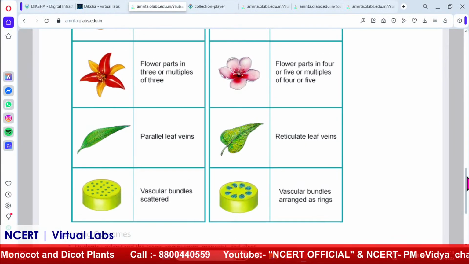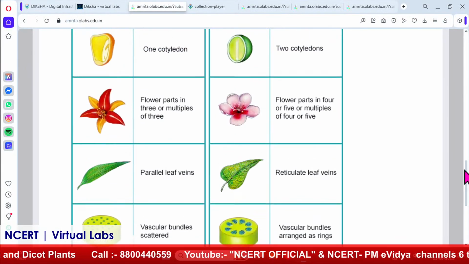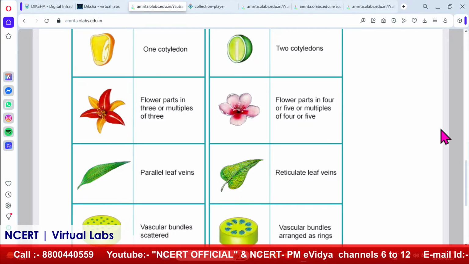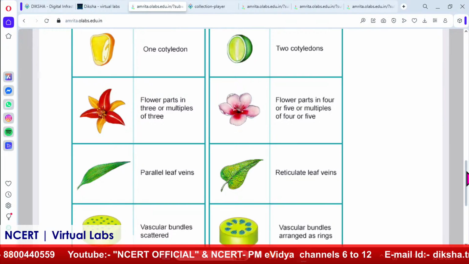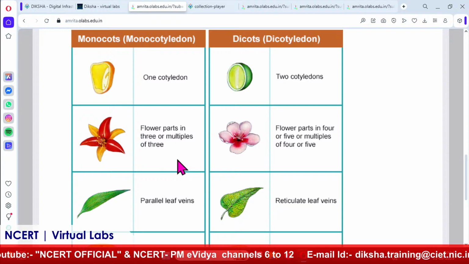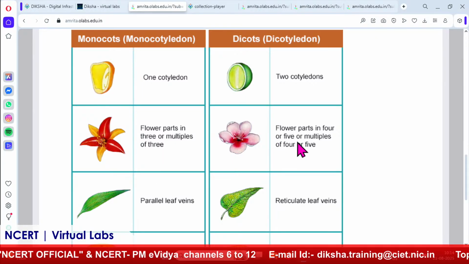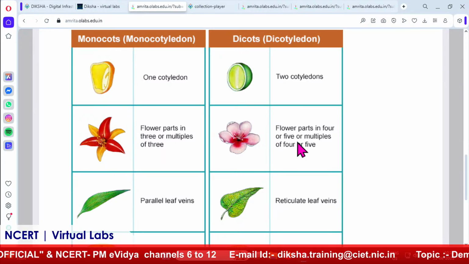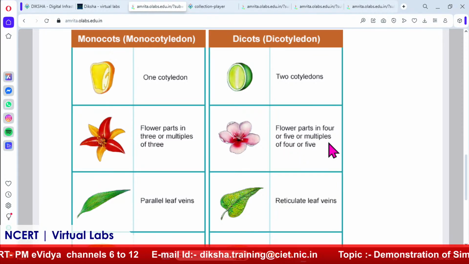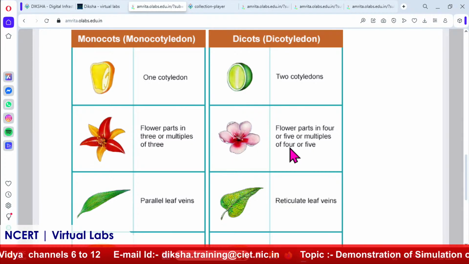When the flowers appear, we can differentiate these plants on the basis of flowers as well. In case of monocots, the sepals and petals are either 3 or multiples of 3. But in case of dicots, these parts of the flower, that is sepals and petals, are either 4 or 5 or multiples of 4 or 5.